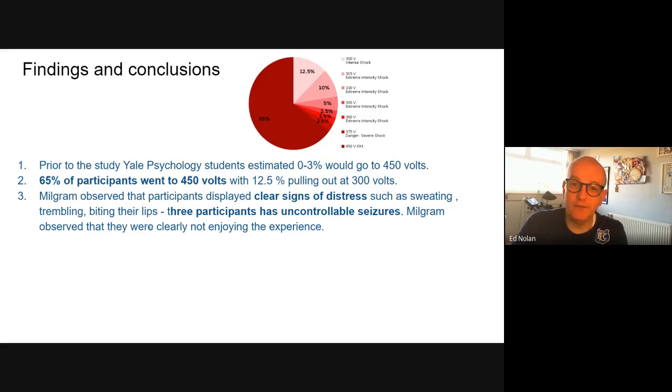Milgram observed that as well as the quantitative data that he had collected, which was the numbers, the qualitative data that he collected was his observation. And there were clear signs of distress: sweating, trembling, biting lips. 3 of the participants had seizures, which were so severe for 2 that they had to stop the study.